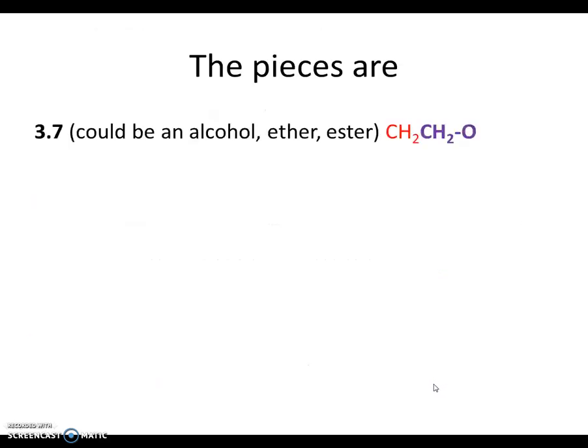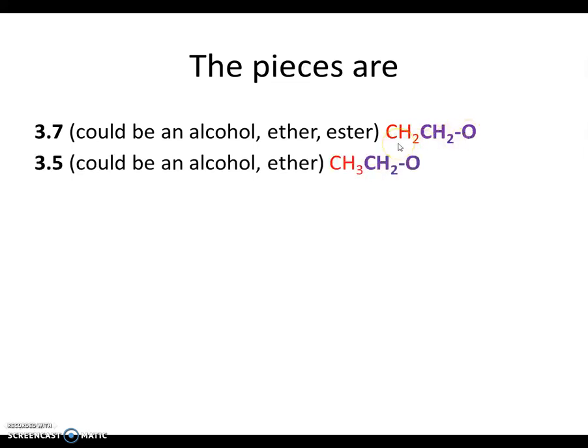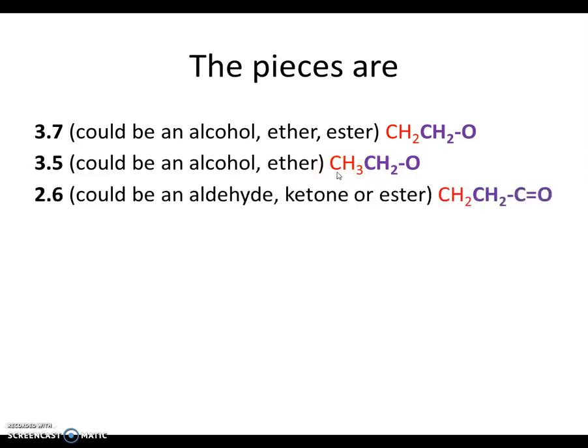So the pieces are, at 3.7 we've got this CH2 here bonded to an oxygen and also bonded to a CH2. The signal at 3.5, it's a CH2 bonded to an oxygen, but it's bonded to a CH3. So we now know that these 2 CH2 groups are in different environments.